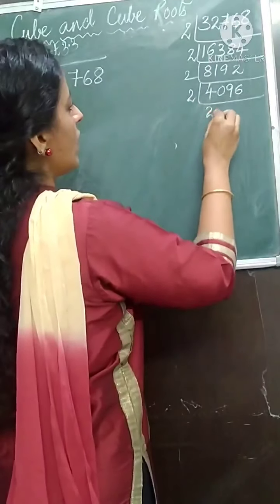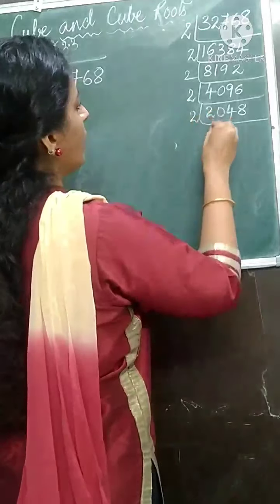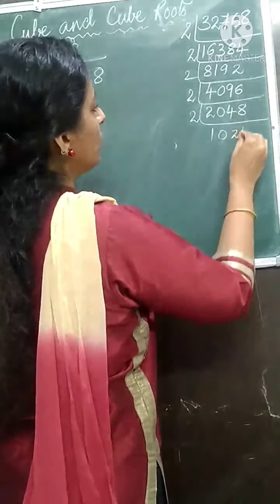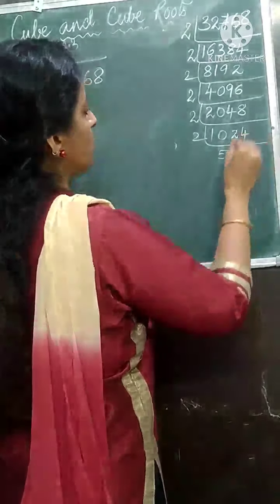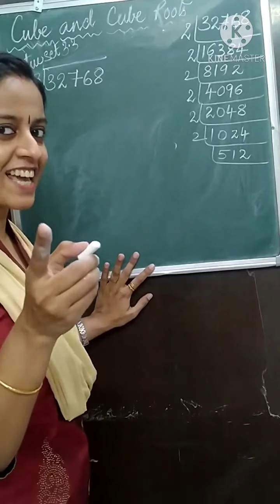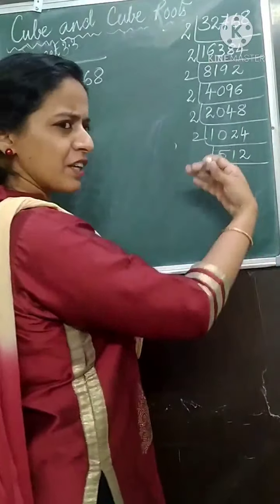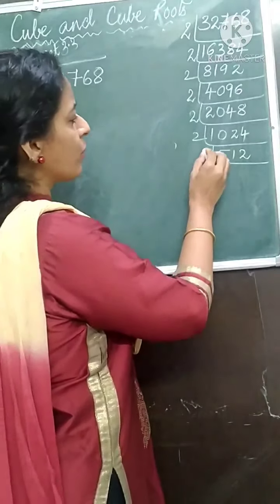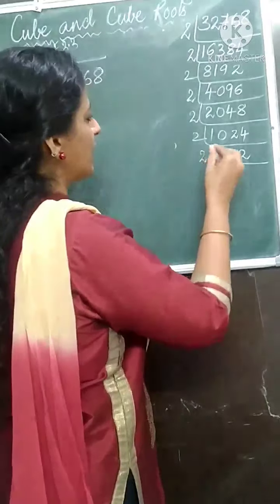Again 5 and 2, you already got the answer. 8 is the answer, no? But I will continue with 2's table. If you want, you can directly put 8 and get the answer. But I will continue with 2.